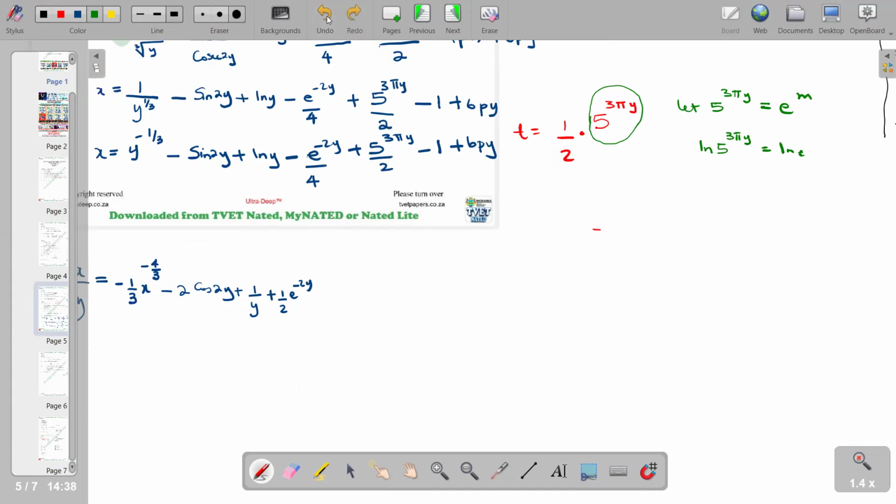Let me write it properly. Ln e to the power m, which means m will be equal to m there.